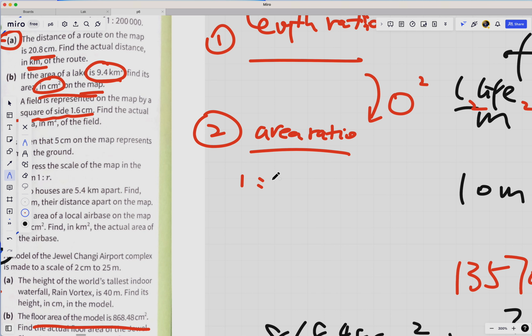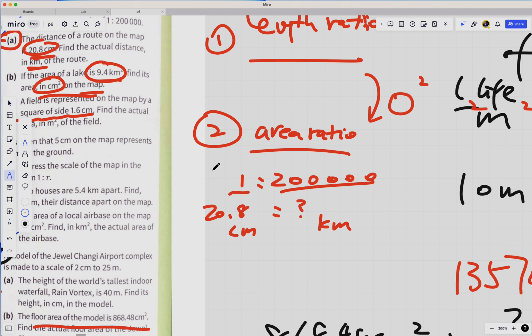They give you 1 to 200,000, and they give 20.8 cm here, right? And they ask you what's the kilometer, right? Does it make sense for you to get this into 1 cm is to how many kilometer first?